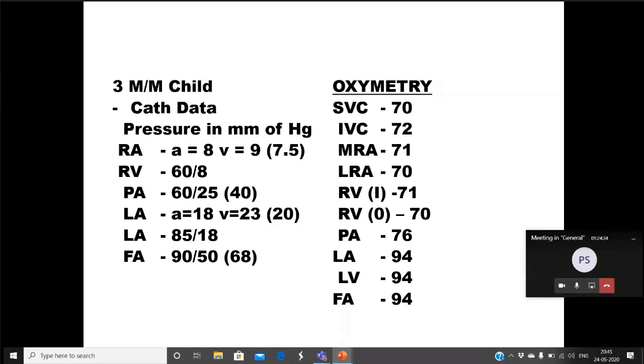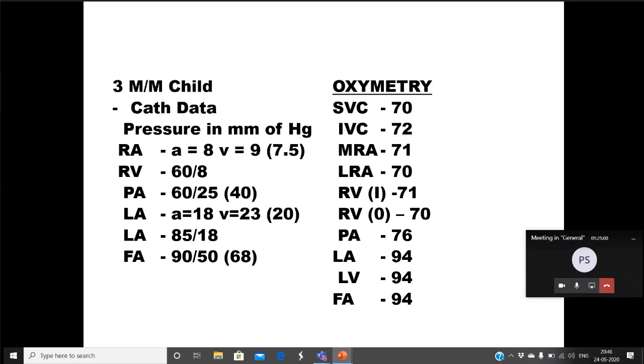Because see, you look at the left atrial pressure, it is almost 20. So a patient may be having pulmonary congestion and maybe even interstitial edema. More than 18 can have interstitial edema, and that may be the reason for desaturation. Did you get the point? Yes, sir. Because the left atrial pressure is significantly higher than the right atrial pressure, you cannot say that there is a right-left shunt. Yes.